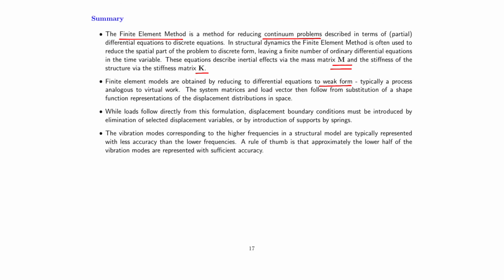Remember to eliminate rows and columns so that you can add in your boundary conditions. And remember to use a sufficiently accurate discretization, enough elements, so that you represent all your required vibration modes with sufficient accuracy. And we have seen that in particular higher frequencies are not as accurate compared to their analytical solution. So with that, enjoy.